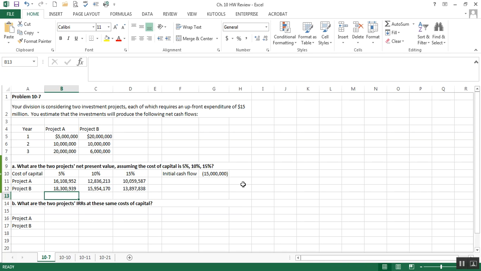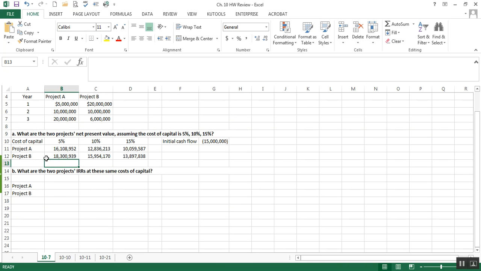So looking at the two projects, we can see that project B has a higher net present value in each of the situations at 5%, 10%, and 15% cost of capital.